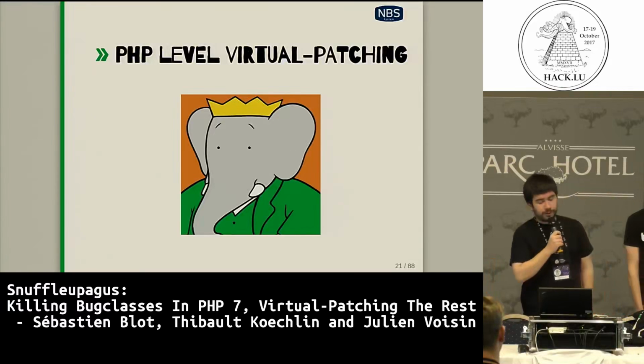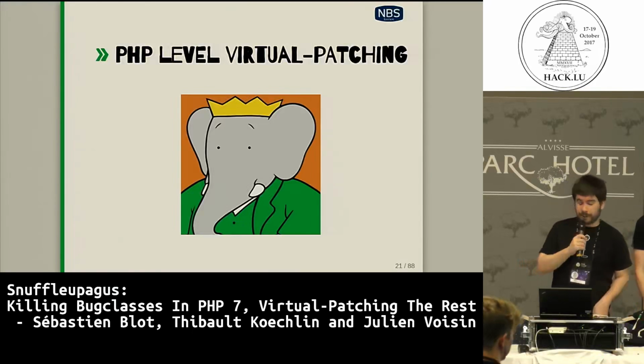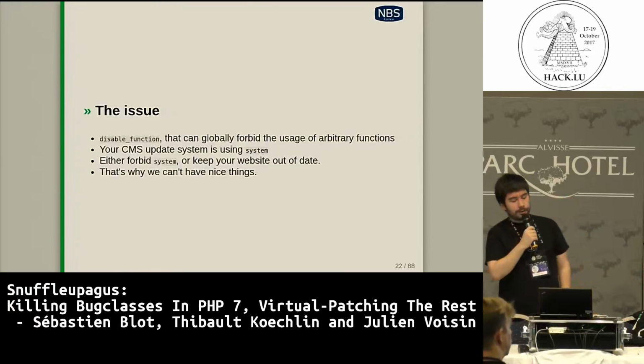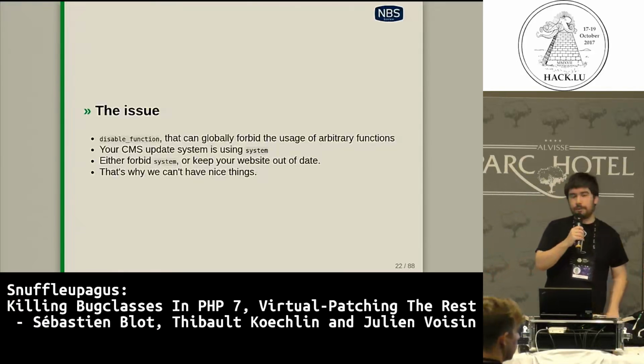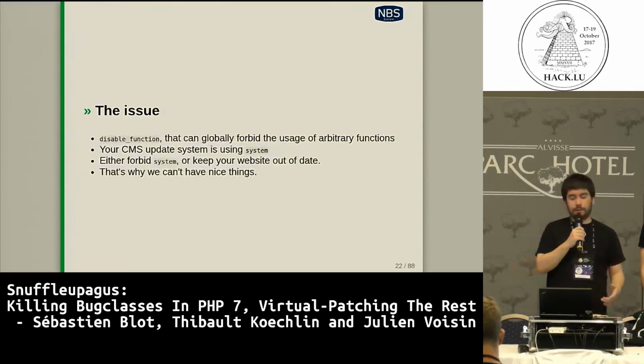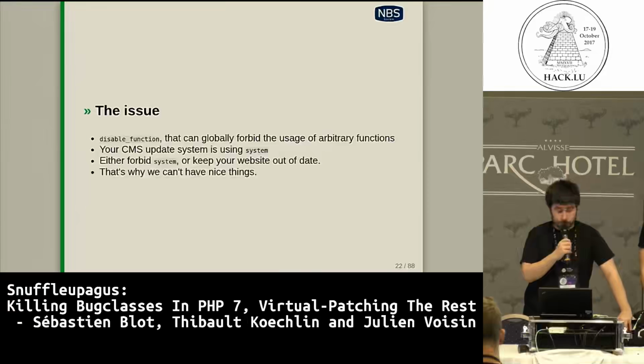The main feature of Snuffleupagus is to be able to do PHP-level virtual patching. With PHP, you've got by default a configuration option called disable_functions that allows you to completely disable a function. So, for example, if I don't want my website to be able to call system, I can just put in the configuration that I want to disable the system function.